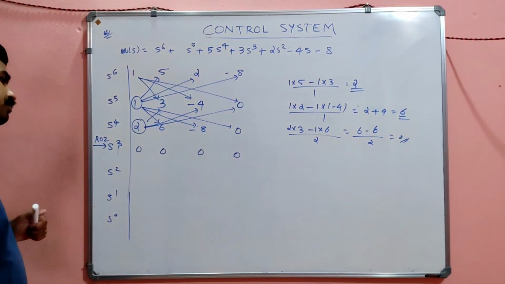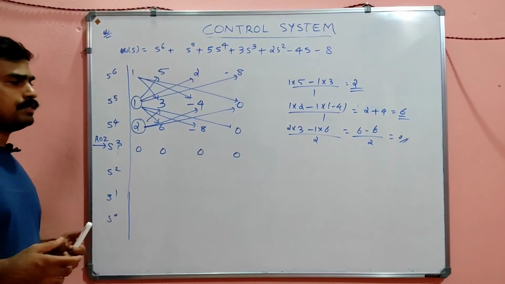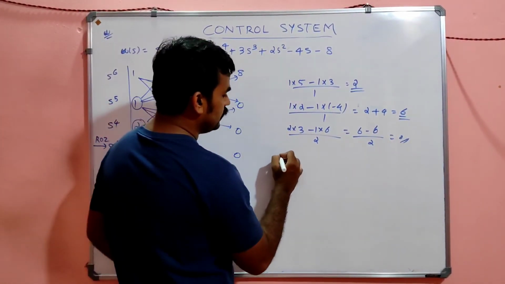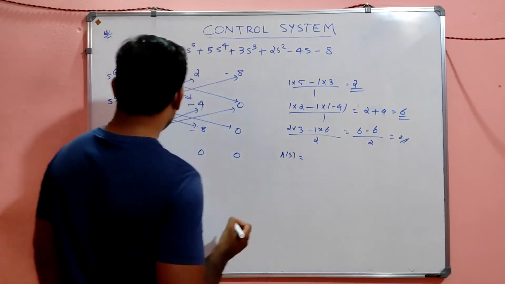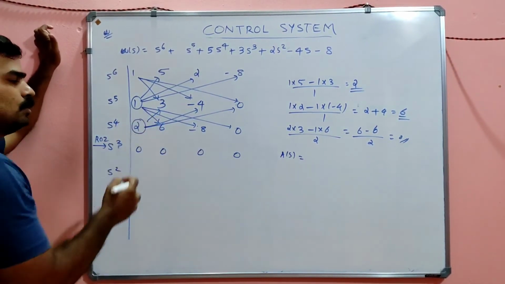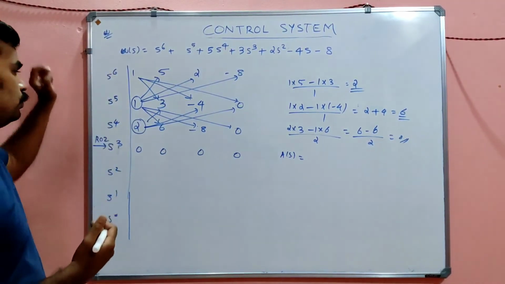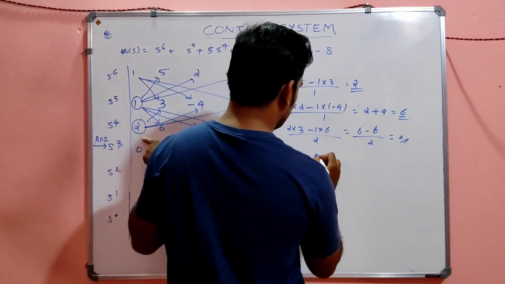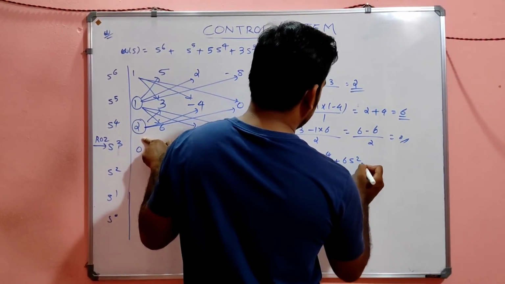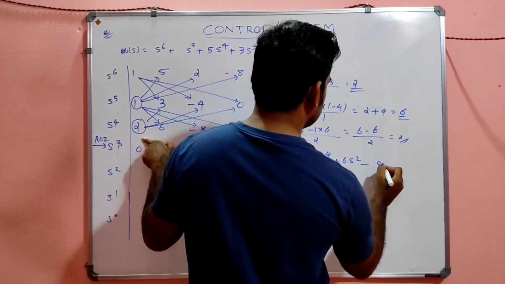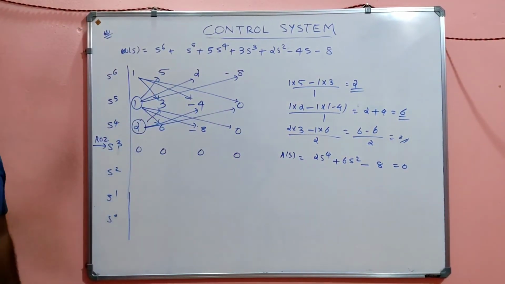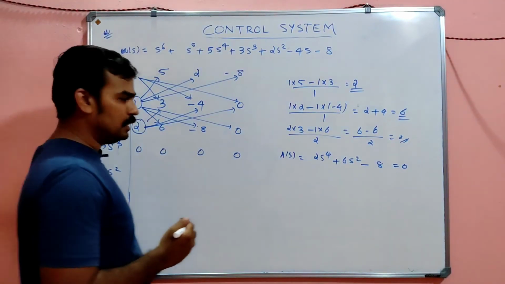So what we have to do? If there is a row of zeros, you have to go for the auxiliary equation. So what is the auxiliary equation, my dear? A of s. Just go for the row just above the zeros. This is nothing but 2s raised to 4 plus 6s square minus 8 equal to 0. So this is the auxiliary equation.